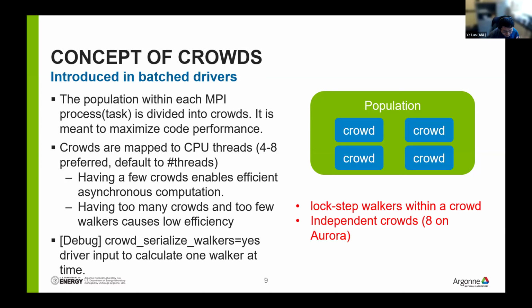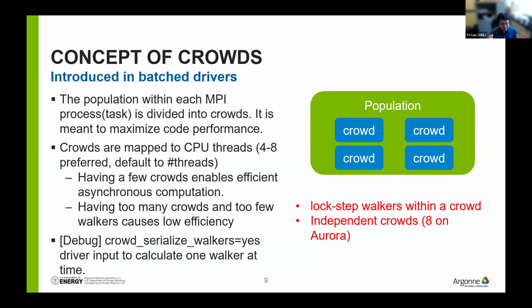So before going to that level of detail, I'm going to quickly remind you of the parallelization in QMCPACK, and one specific thing that we introduced in the batched drivers, which is nowadays the default for everyone to use.